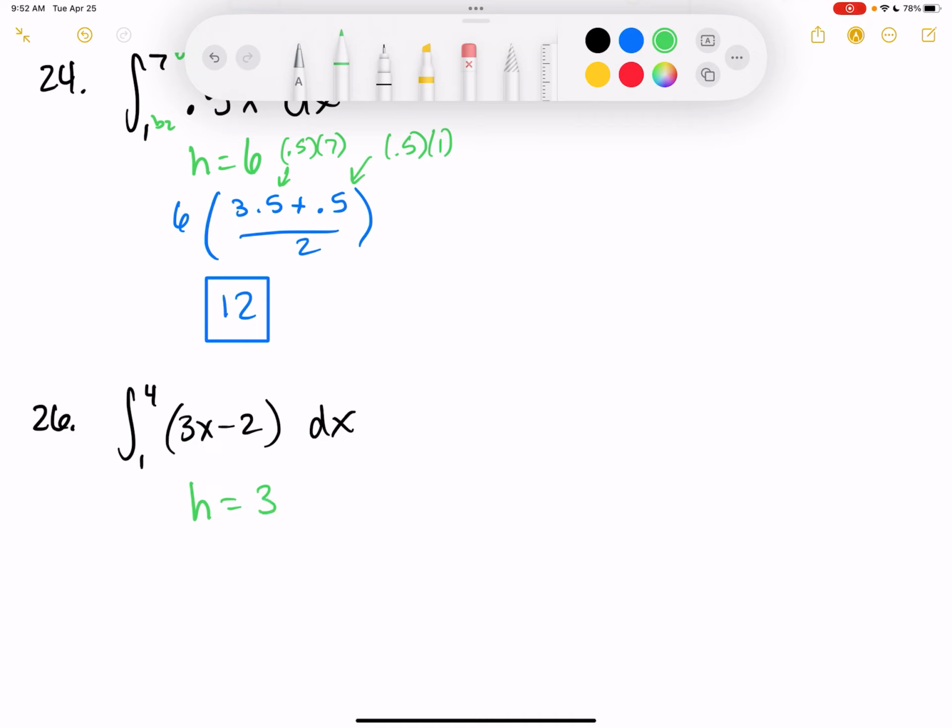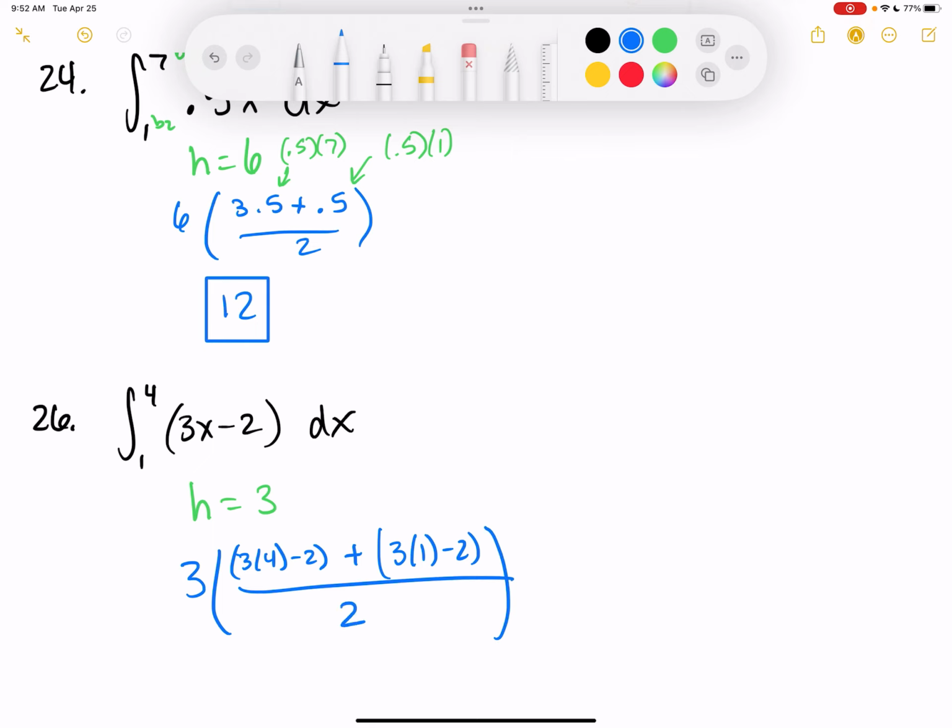Alright, so then 3 times, now I'm going to actually write this stuff as plugging it in because it's getting longer. So 3 times 4 minus 2, plus 3 times 1 minus 2, over 2.